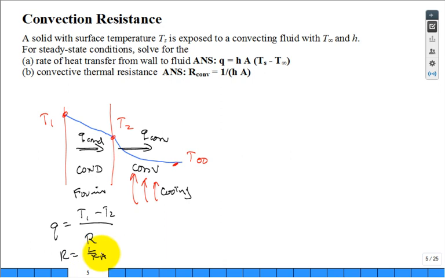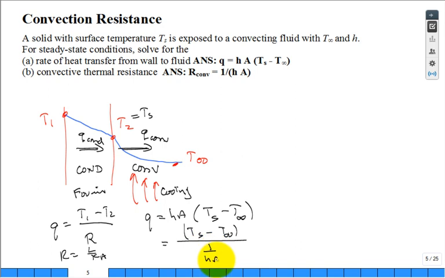But now we say, what was our equation over here? Well, Newton's law of cooling. Q is equal to hA times the temperature at the wall, Ts, which is now T2, minus T infinity far away. And so you say, can I have a similar resistance? Same kind of concept? Sure. It's Ts minus T infinity divided by 1 over hA.